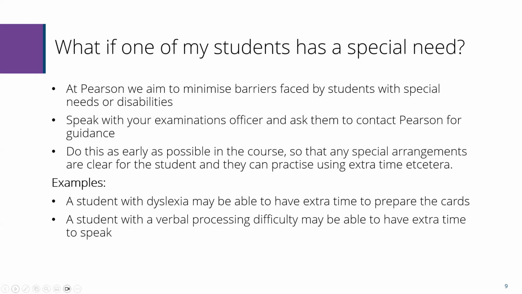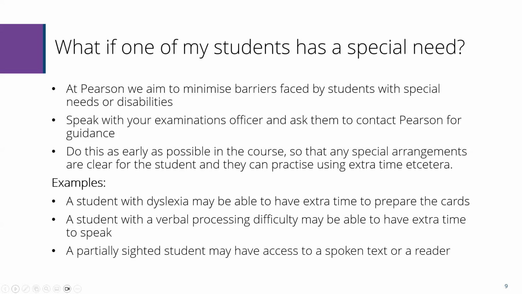I personally have had students with cerebral palsy, for example, who speak very slowly, and so they were allowed some extra time because their verbal processing was below the speeds that someone without that disability could manage. And so, again, about removing the barrier.